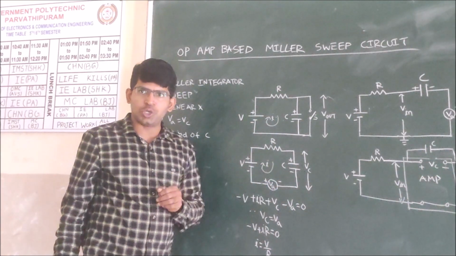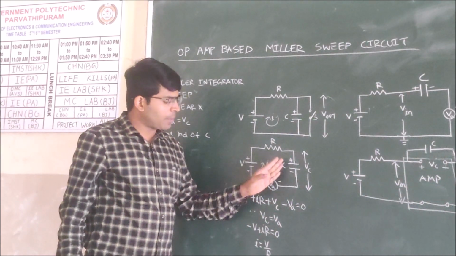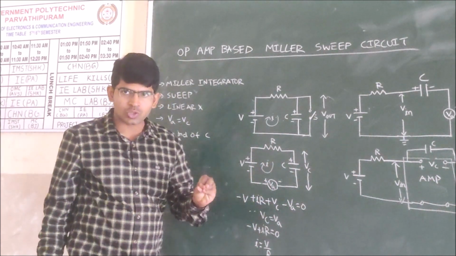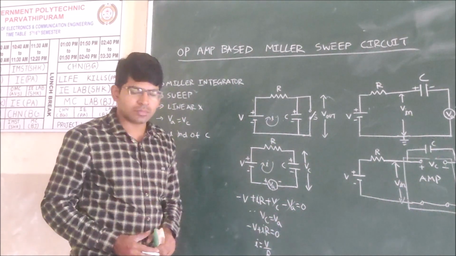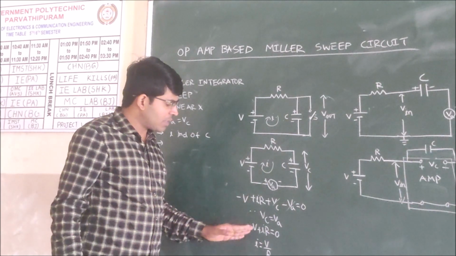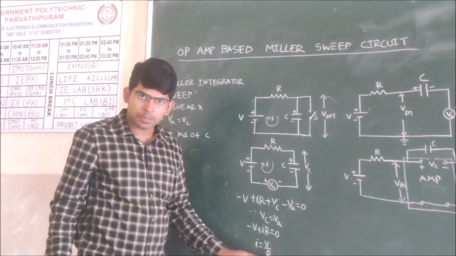Summation is equal to 0: V minus IR minus VC plus VA equals 0. Because VC is equal to VA, the voltage across the capacitor is equal to the auxiliary voltage source, these two terms will be cancelled. Finally, we get V is equal to IR, so I is equal to V by R.